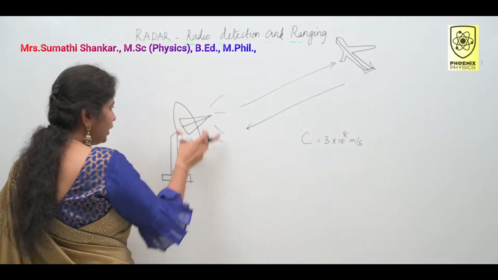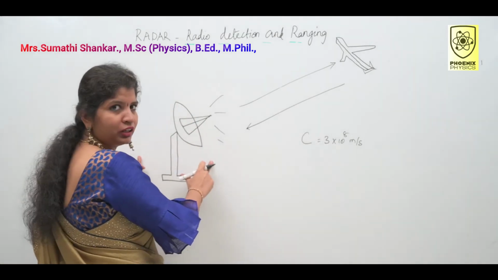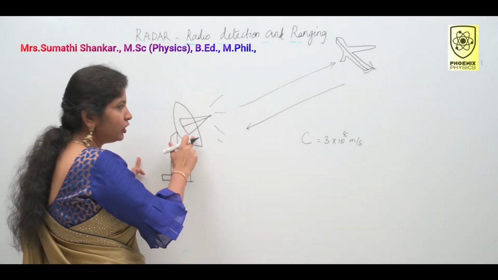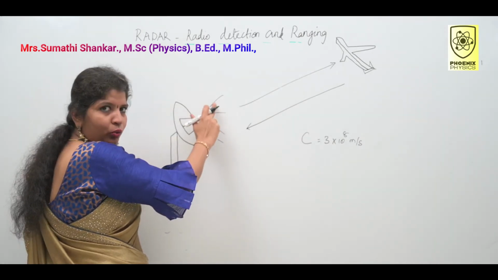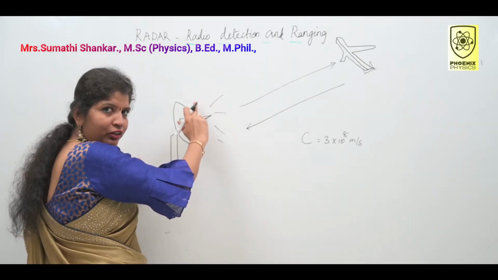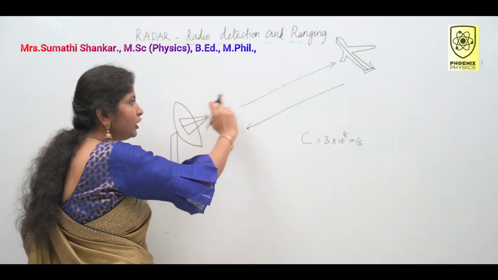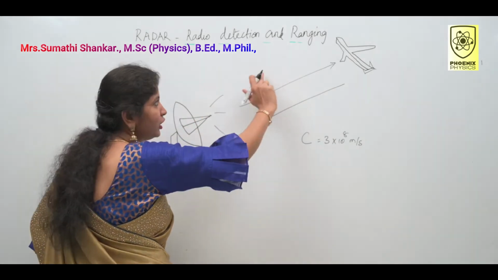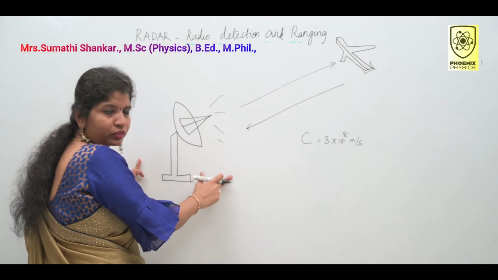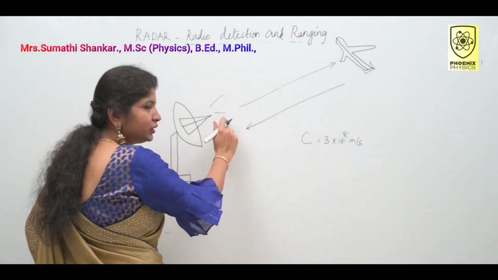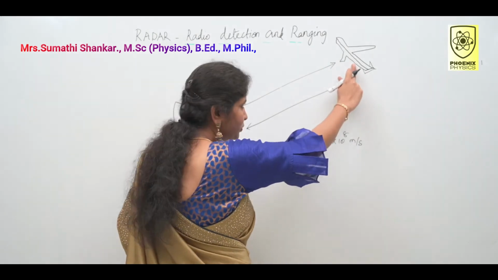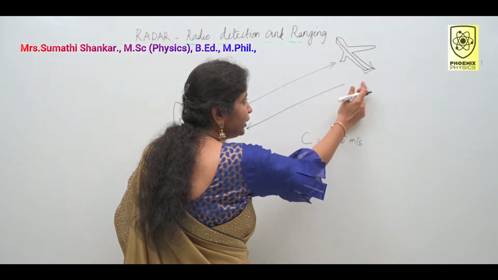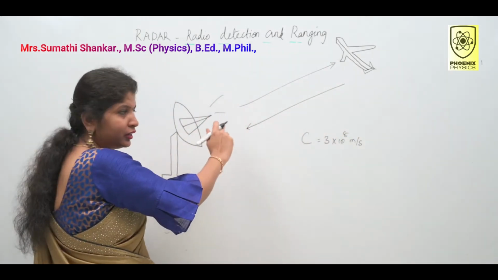So this radar system consists of a transmitter. It transmits an electromagnetic signal, that is our radio waves, into space in all directions. When the signal strikes any object, it gets reflected.